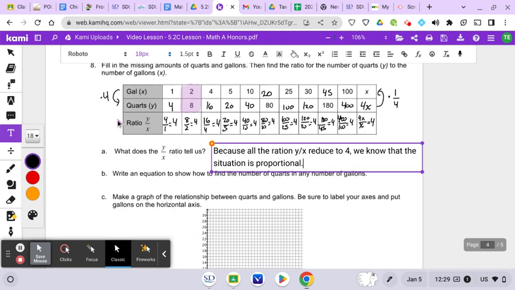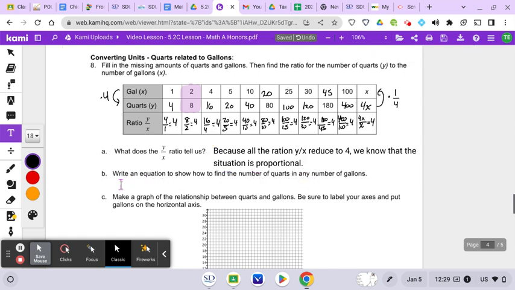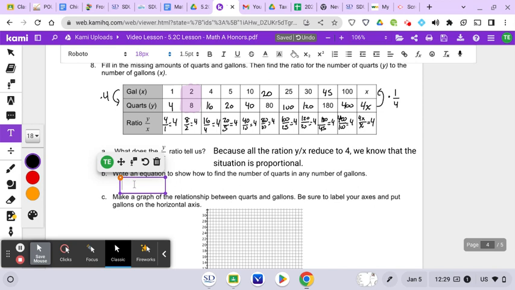Okay, write an equation to show the number of quarts to the number of gallons. We know that if we want quarts, we have to do 4 times the gallons.